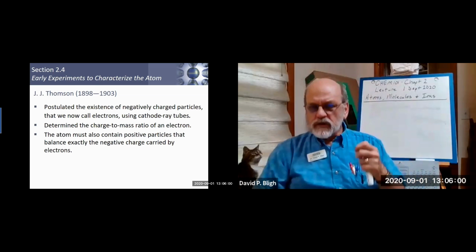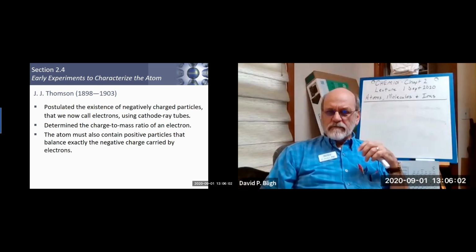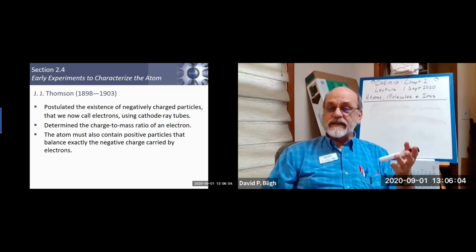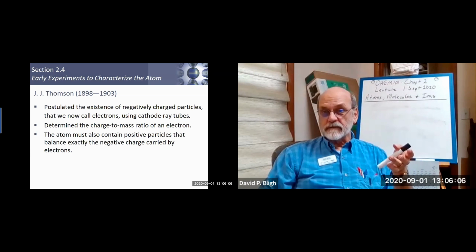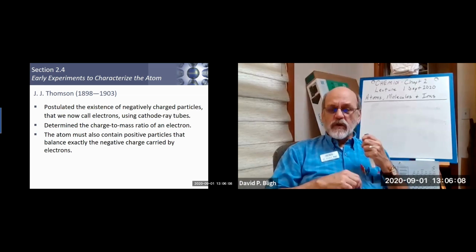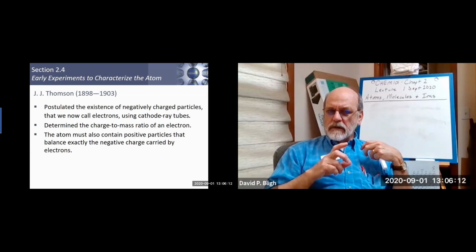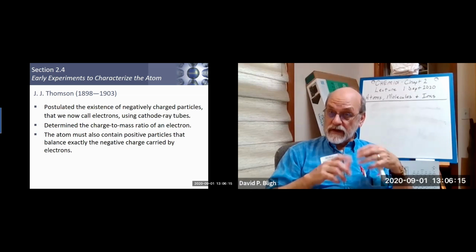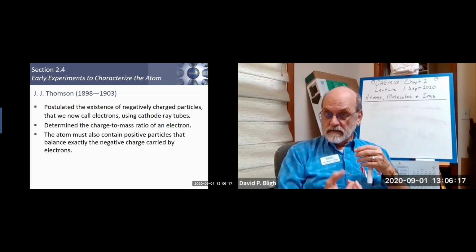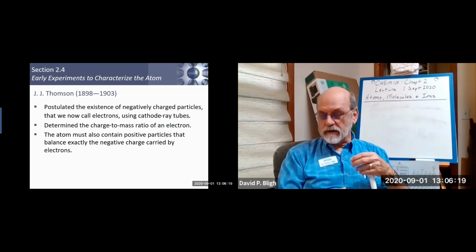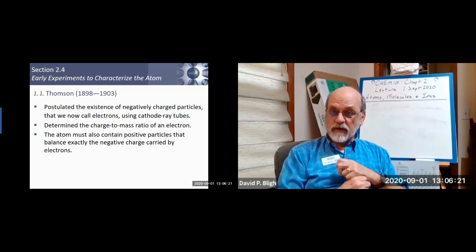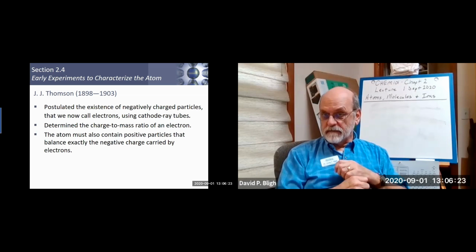So now, at the close of the 19th century and the beginning of the 20th century, scientists are going to start wondering, is the atom really the smallest particle of matter? And what they're discovering is that no, it's not.